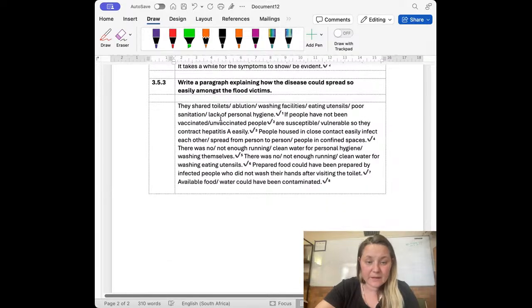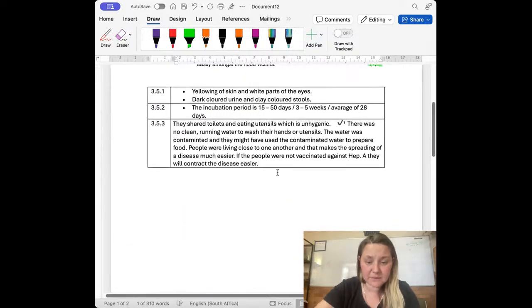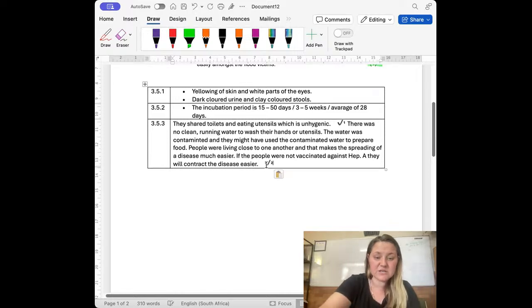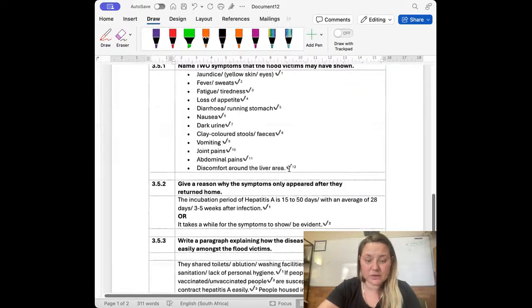Let's see. They were not vaccinated. Oh, we said something about vaccinated people, right? So this tick, the unvaccinated people, is our second to last answer. Did we say about the unvaccinated people? Yes. If the people were not vaccinated against Hep A, they will contract the disease much easier. So we'll get tick number 2 there.